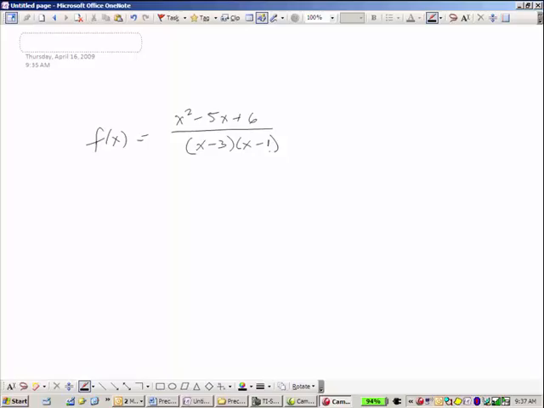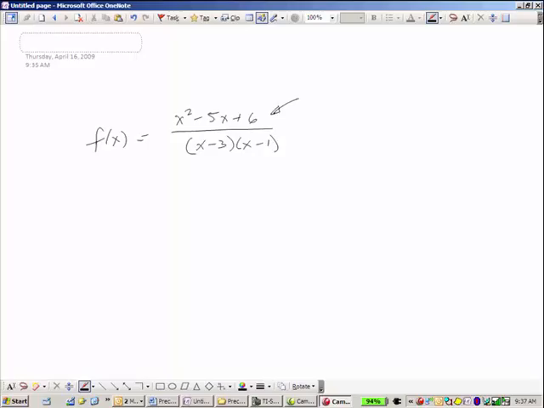Hey, zeros? Where do zeros happen? Which zero? Oh, I get it. Where do zeros occur? Don't tell me where they occur, but when. I should say, when do zeros occur in a rational function? Numerator equals 0.